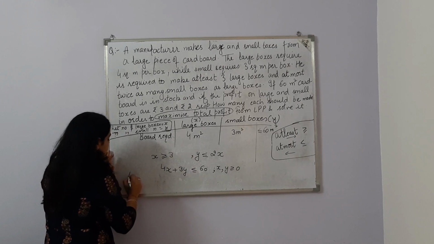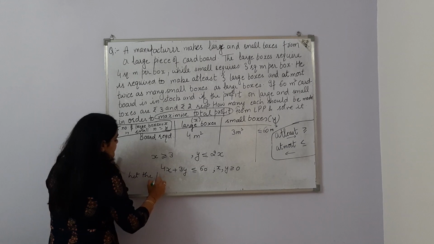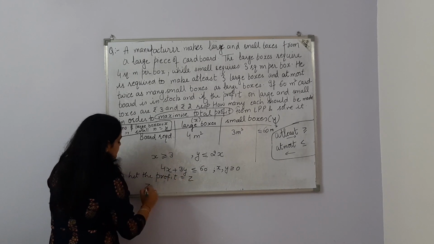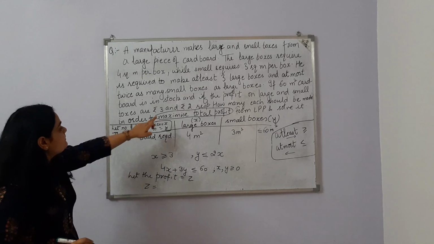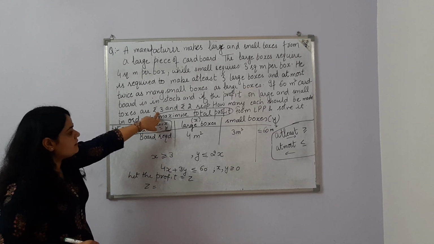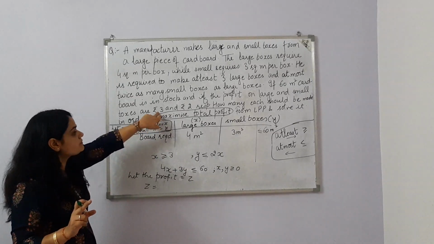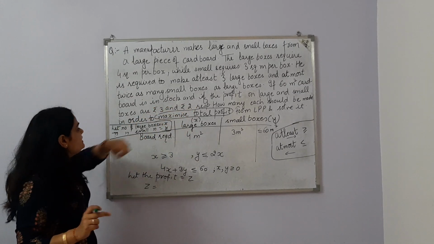First of all, let the profit be z. So z's function will become, he is getting ₹3 as a profit on selling the large box.